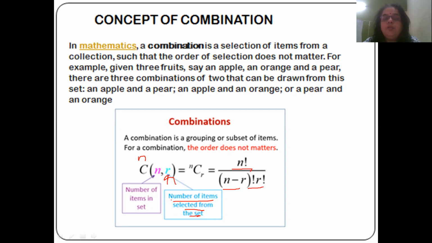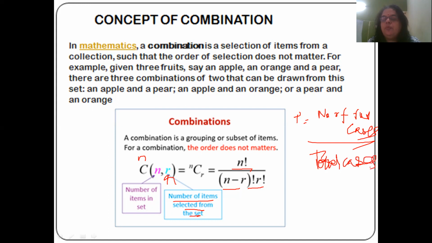Now, we have to find the total number of ways. You know the probability concept. The probability is the number of favorable cases by total cases. Okay, sorry, forgive my handwriting.